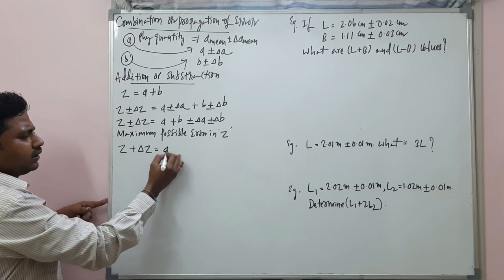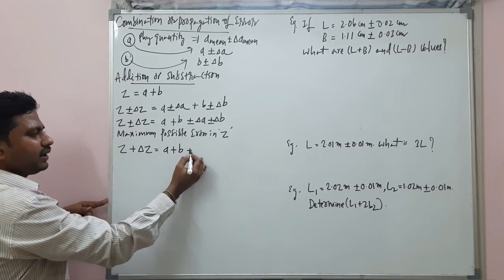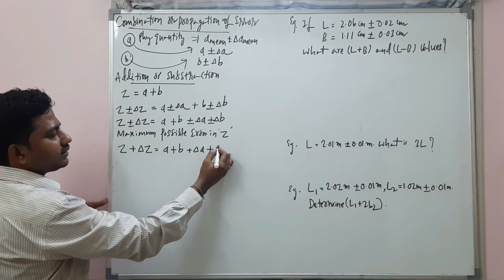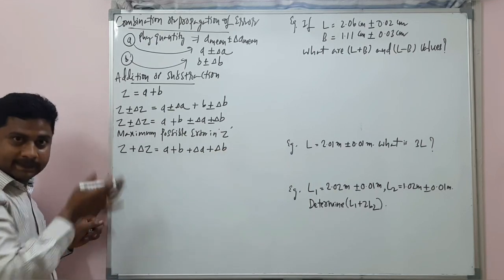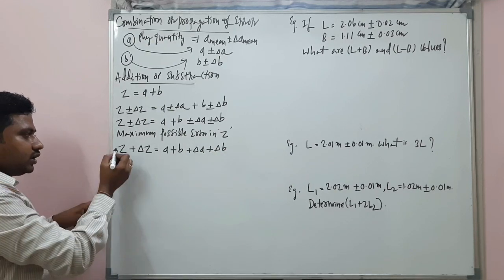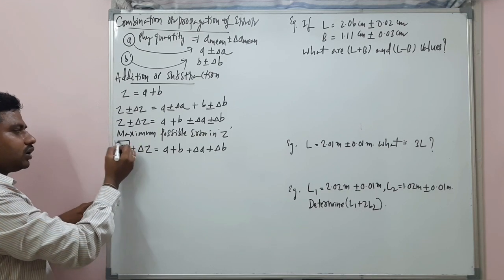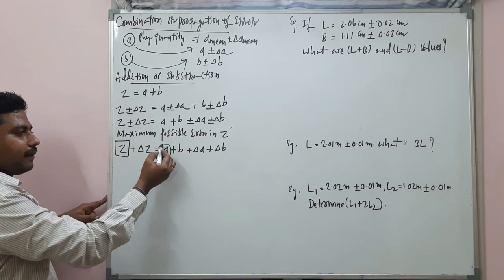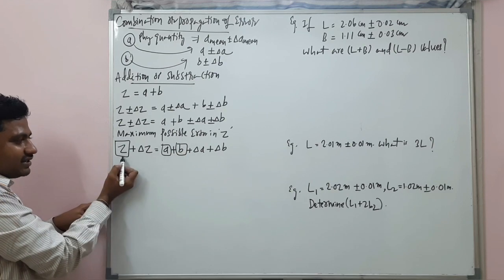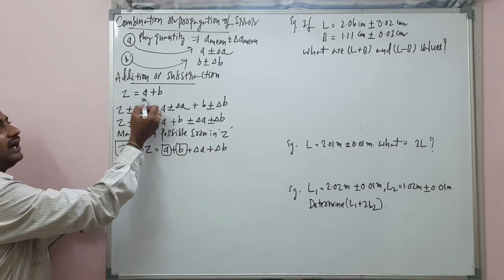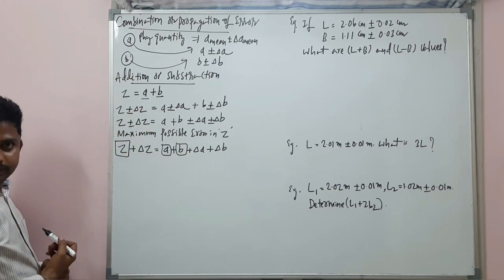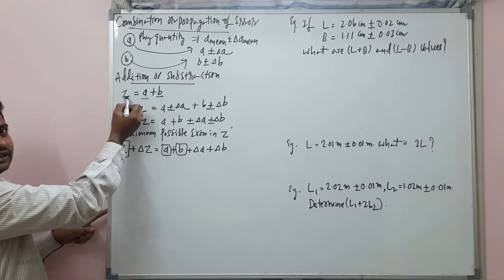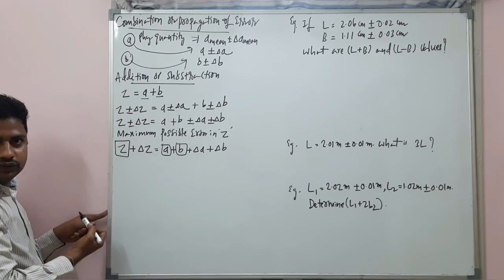It is equal to A plus B plus delta A plus delta B. Carefully look at the situation. The Z value is A plus B. That means Z is nothing but the addition of the true values.